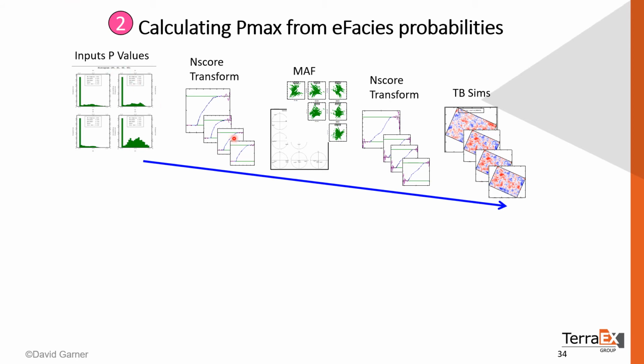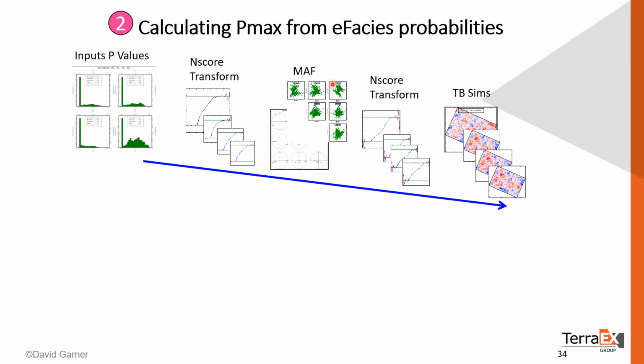We're going to normal score transform them, apply min-max autocorrelation, which is principal components, that is rotating the correlation matrix along with a lag matrix. So it's two PCAs essentially. And then we normal score transform those math factors and then simulate.